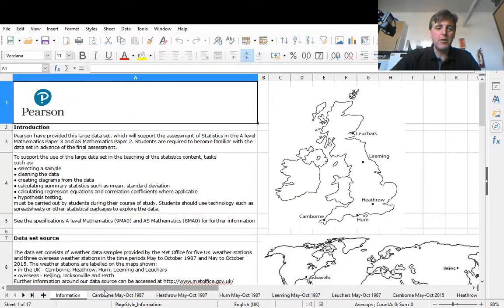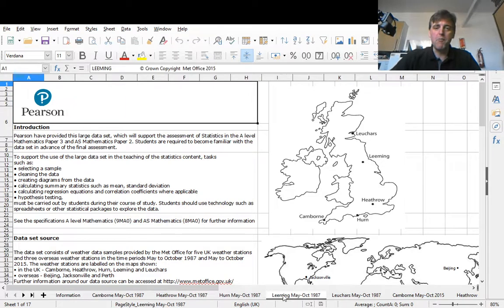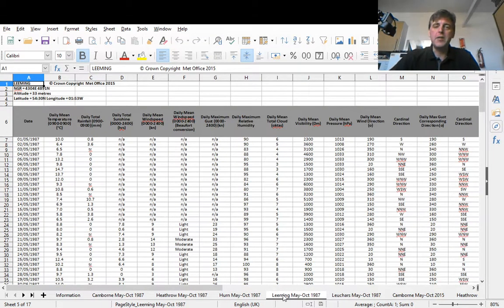But these are the places where we're going to have these weather records. Now, if I just go to some of these other tabs here, I'll just pick that one there at random. Now you can see the actual data we're dealing with here. This is Leeming, which is in the United Kingdom, and this is the May to October 1987 data here. So you can see for every day in that period, we've got lots and lots of information about the weather records. I'm not going to go through in lots and lots of detail here. I might pick out 1 or 2 interesting things here.